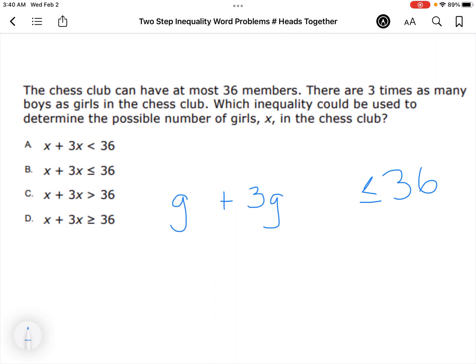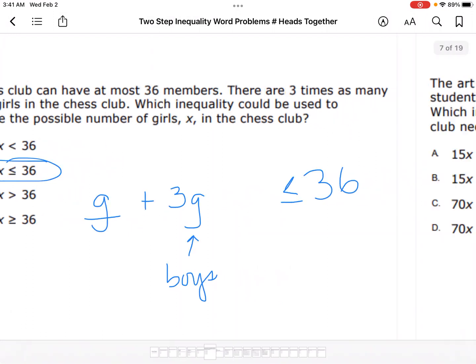So we have our girls, and then we have 3 times as many, and that would be our boys right there. 3 times the girls would be the boys. So I know that it has to be less than or equal to, so it's B again. Man, B seems to be very popular.